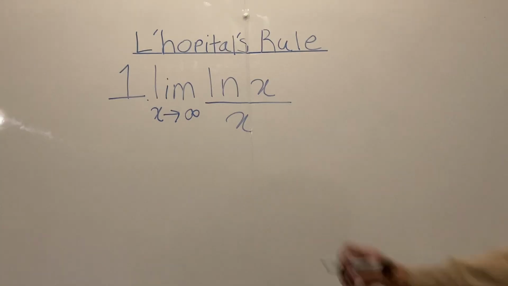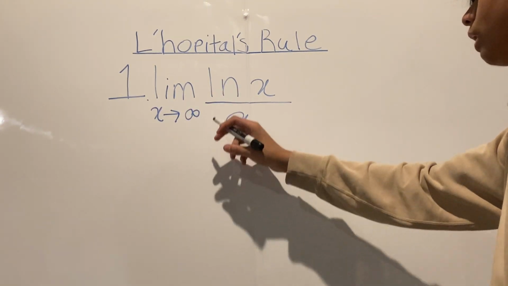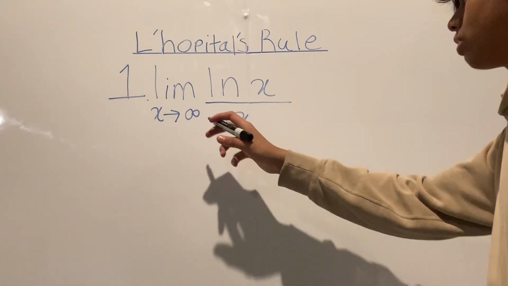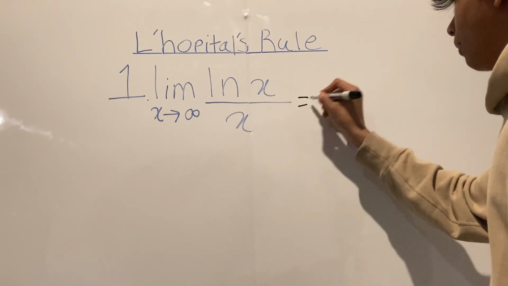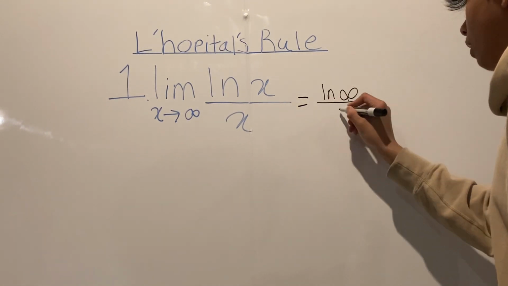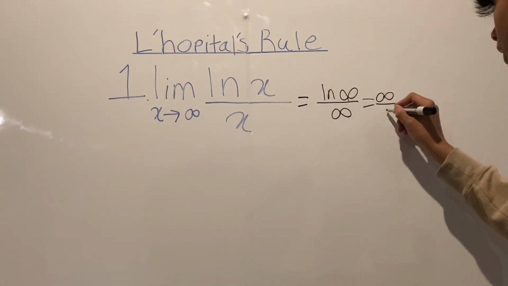Okay, so number one, we have the limit as x approaches infinity of the function ln x over x. So if we just use direct substitution here, and we plug in infinity, we'll end up having ln infinity over infinity, which just turns out to become infinity over infinity.